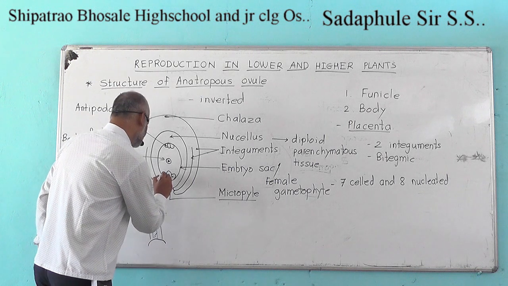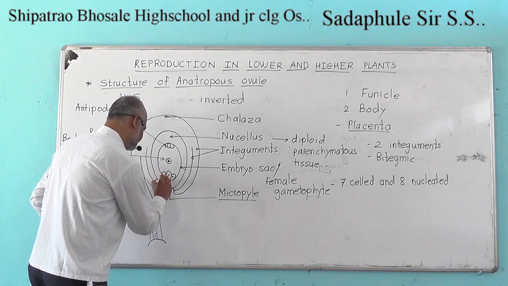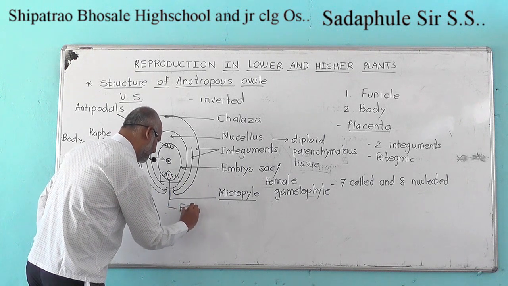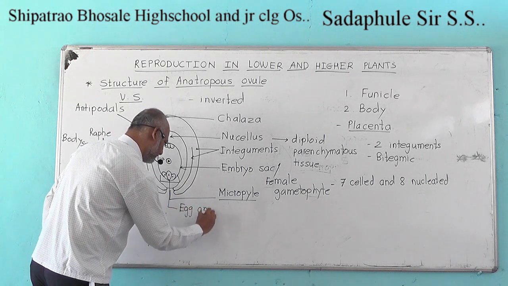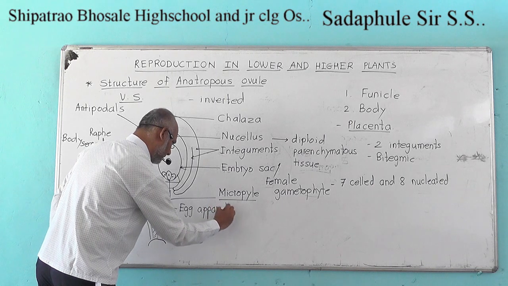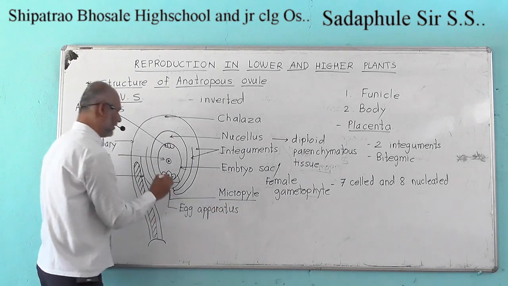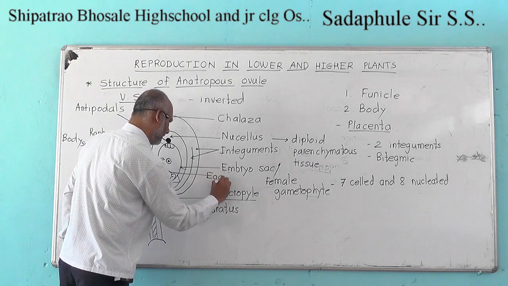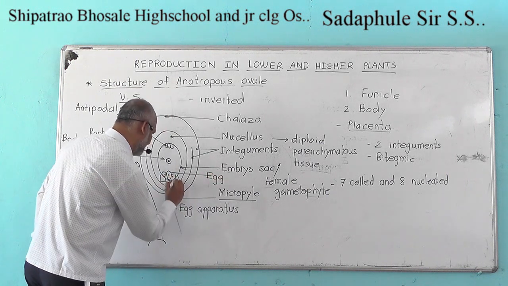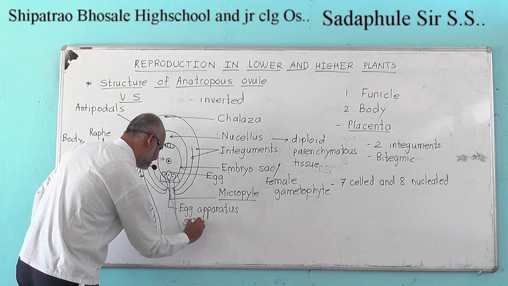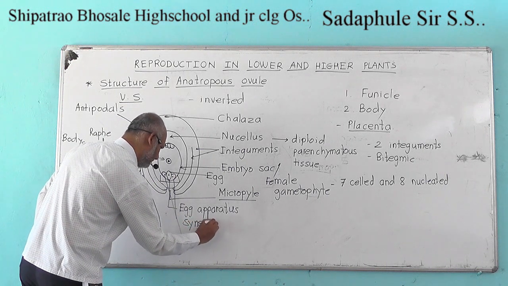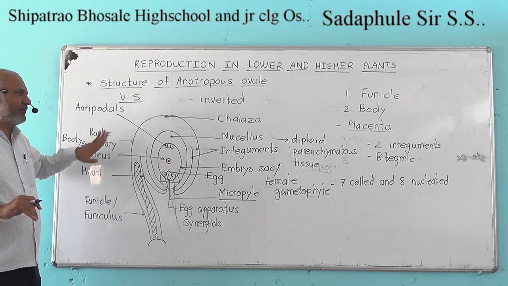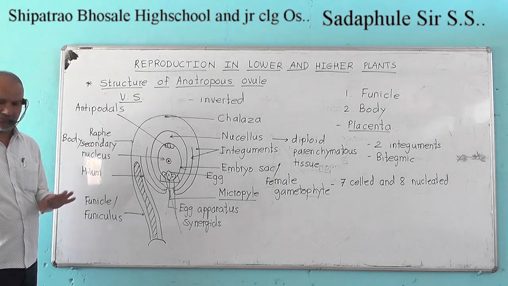And there is presence of egg apparatus, which consists of central egg cell and 2 lateral synergids. It is the structure of anatropous ovule.